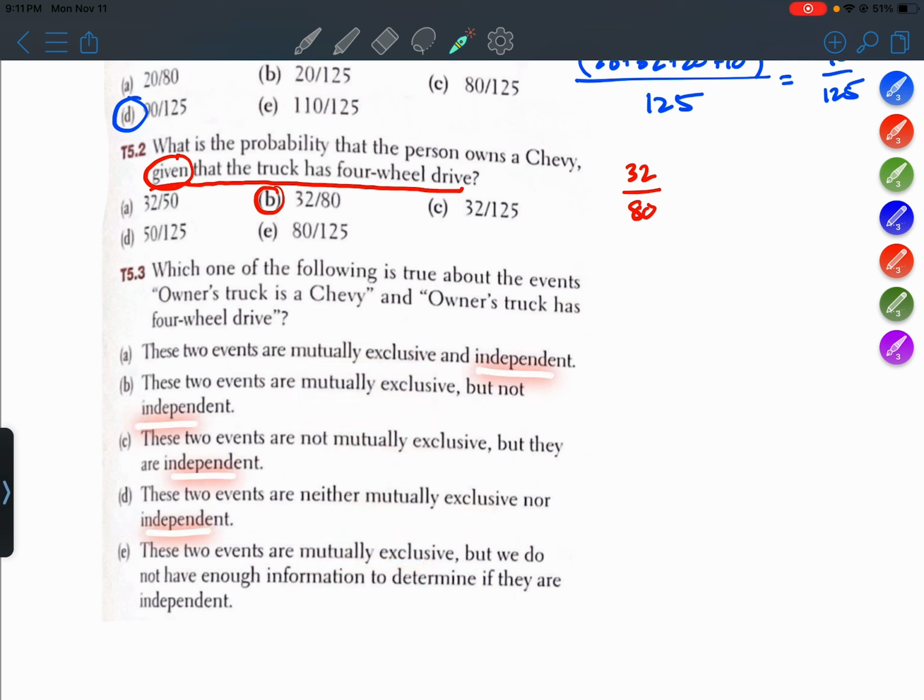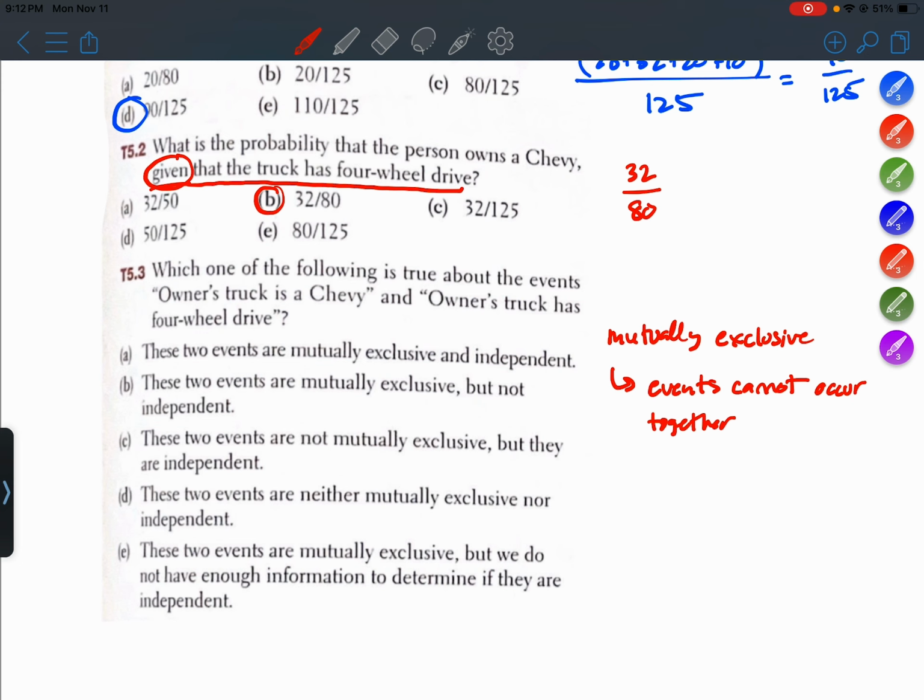First, mutually exclusive, what does that mean? This would mean the events cannot occur together. So if somebody owns a Chevy, then they can't have four-wheel drive, or if they have four-wheel drive, then they can't own a Chevy.